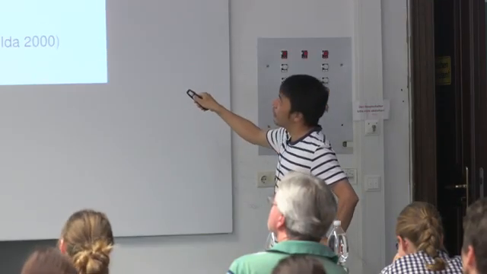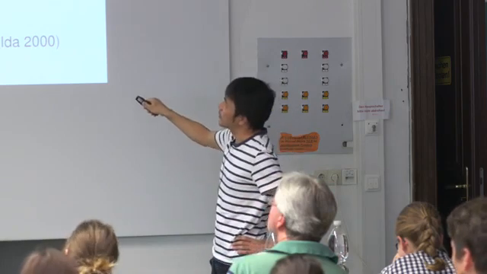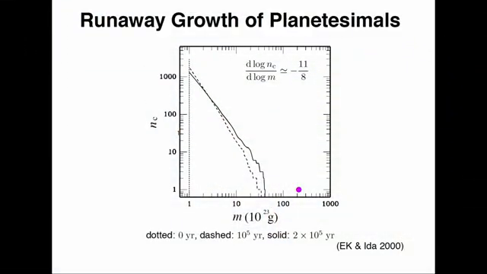The power exponent is given by this. And at 2 times 10 to the 5 years, which is this solid line, the mass distribution consists of two parts: this continuous power law part, and also one runaway body detached from this continuous distribution. So this is the runaway growth of planetesimals.